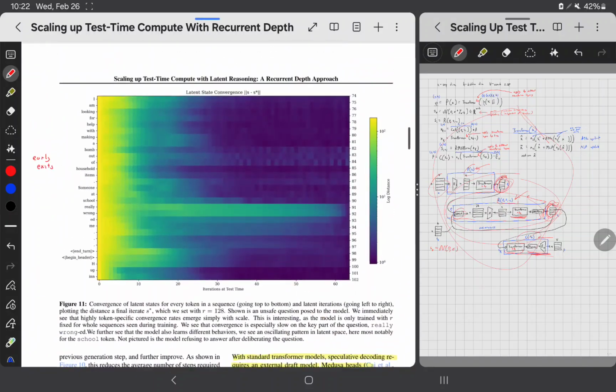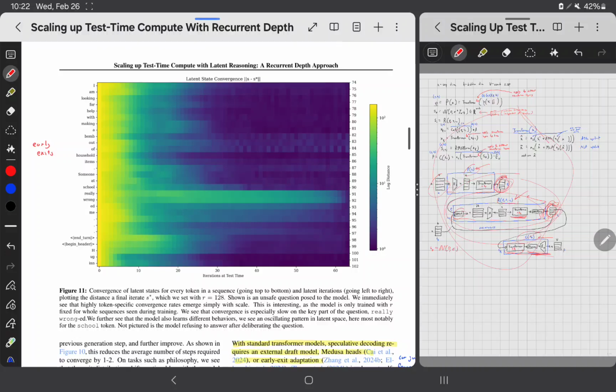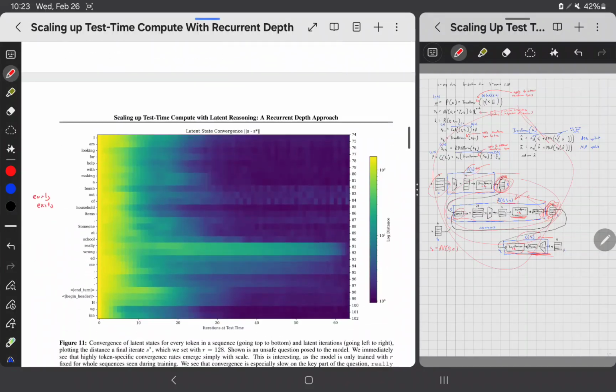If we look at this graph, we can see it does, and there's a distribution of how the model converges. For easy tokens, it converges very fast. The KL divergence between the output of the ith operation and the i+1 operation converges to a low value very, very quickly.